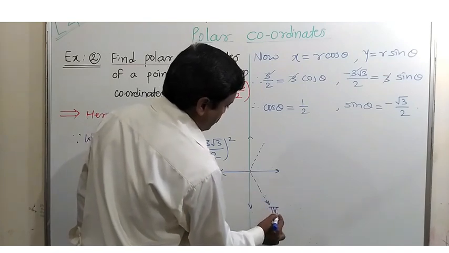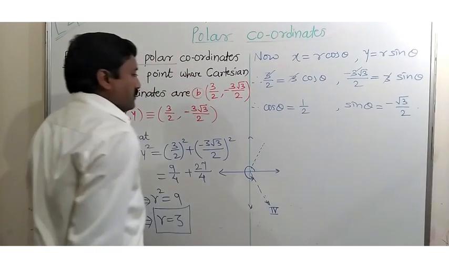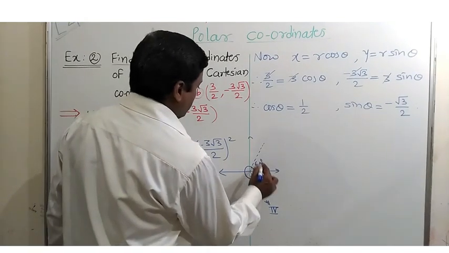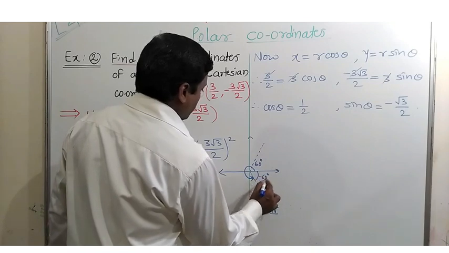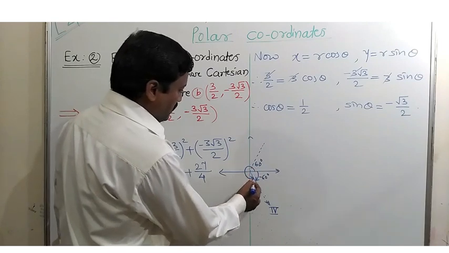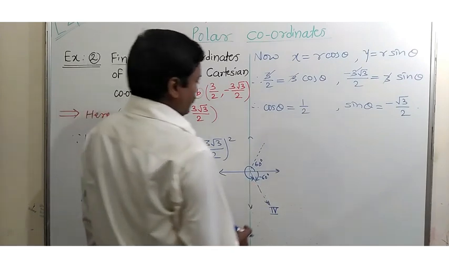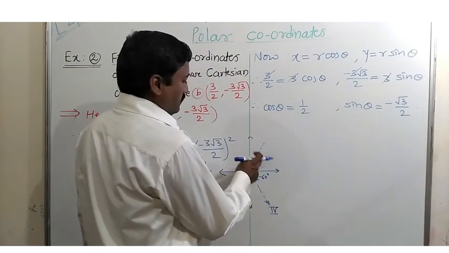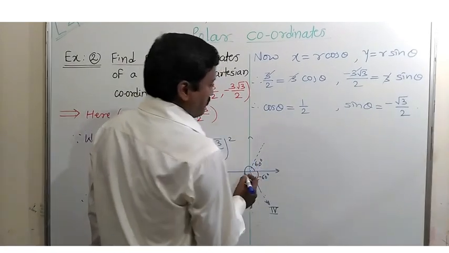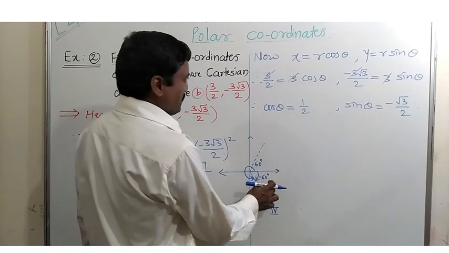So in the fourth quadrant, the point has an inclination, the theta corresponding to this point is this much. Here is angle 60 degrees, here is angle minus 60 degrees. So the inclination is 180 plus 90 is 270, plus 30, that is 300. So whenever we take 300, it means 5 pi by 3. This 60 is nothing but pi by 3 and it is 5 times, because 1 times 60 remains here.